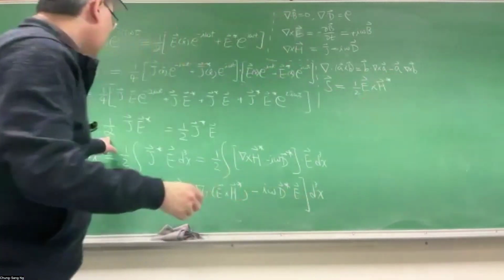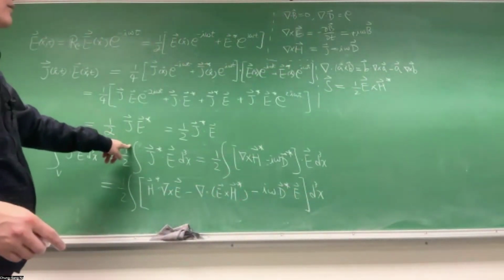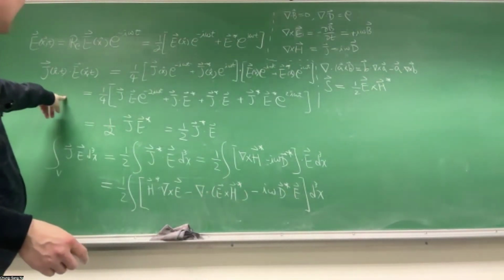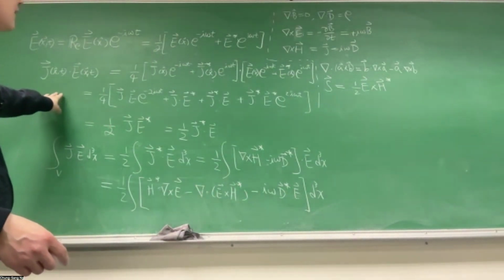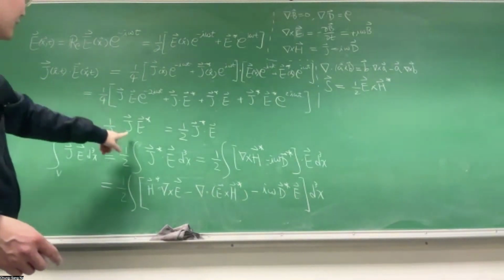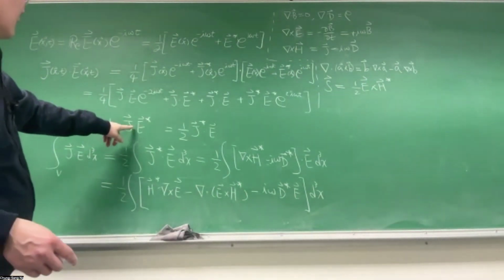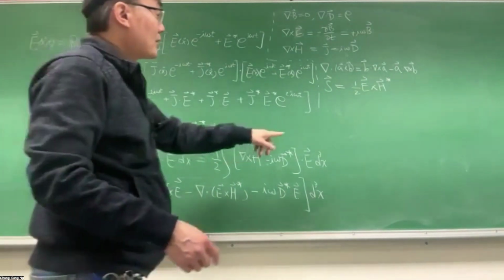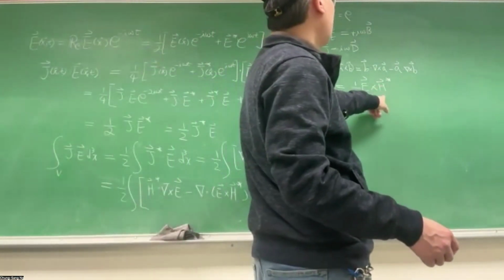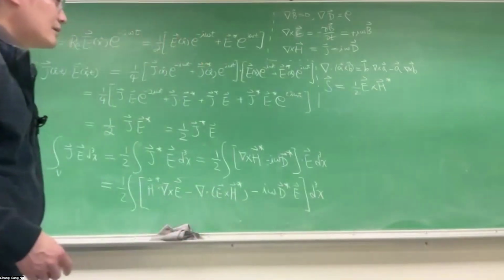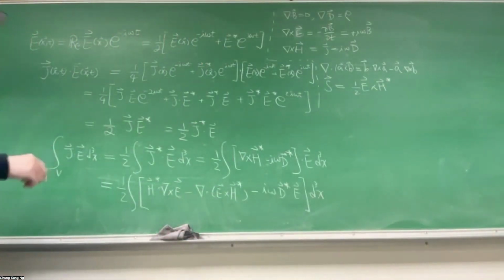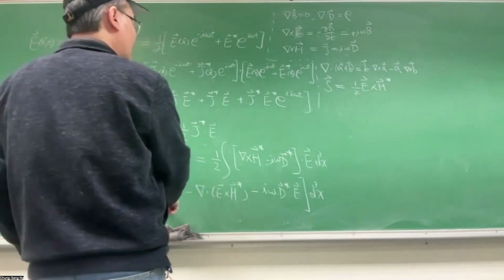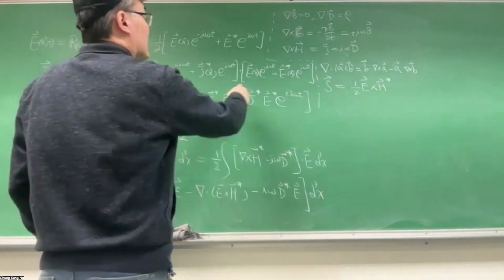just using the same rule here, because originally it's E cross H in the real quantity, but in terms of this notation, depending on the spatial function only, you get this 1/2 of one of them times the complex conjugate of the other. So that is this term. Now for the curl E, you can use this one.